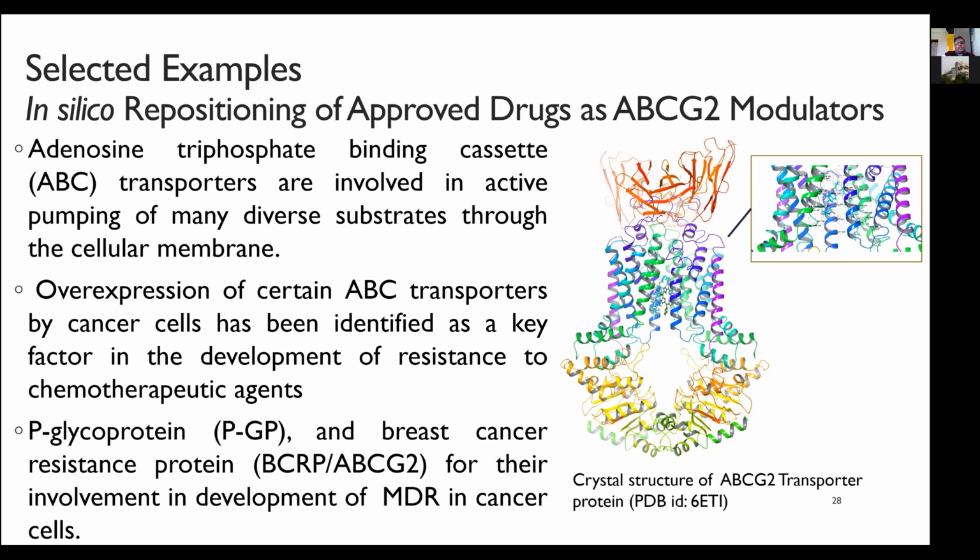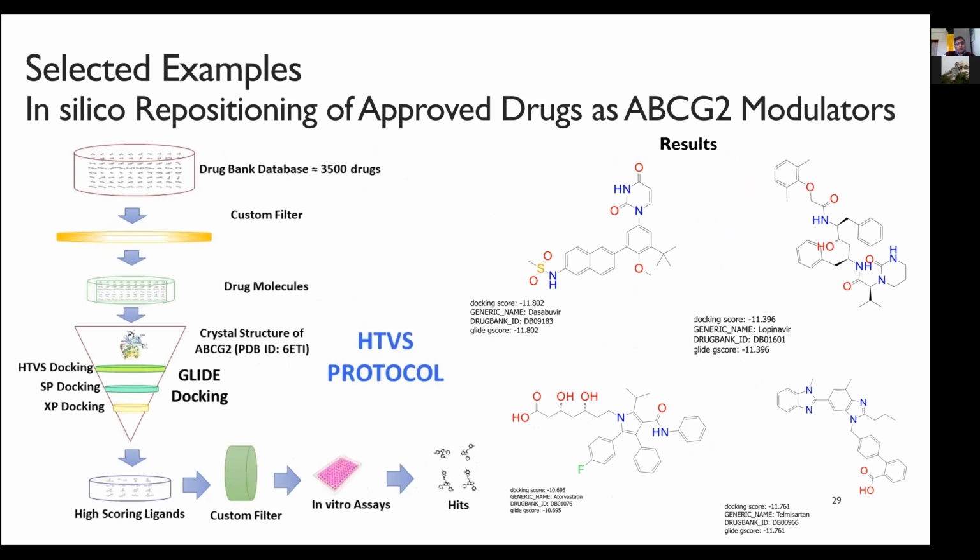Now, what we have basically done is we have used a software called Schrodinger. We screened the DrugBank database, and we used a custom filter to filter out those compounds with inorganic functional groups or inorganic metal atoms. The reduced set of drug molecules was screened through a 3-step docking protocol, which involves high throughput virtual screening, which is a rough docking protocol, standard precision docking, and XP docking.